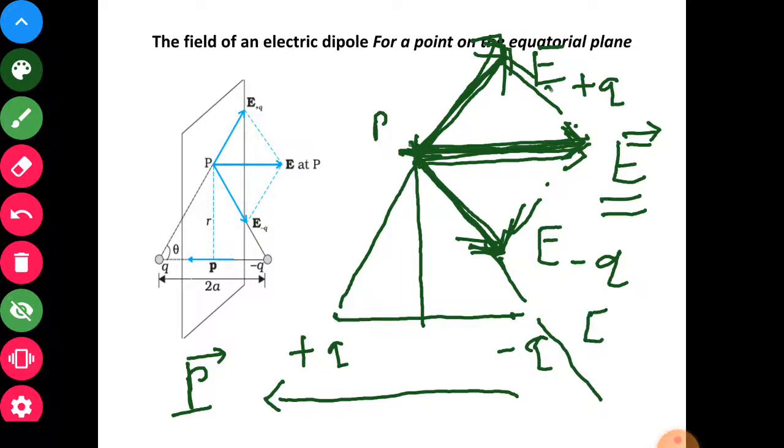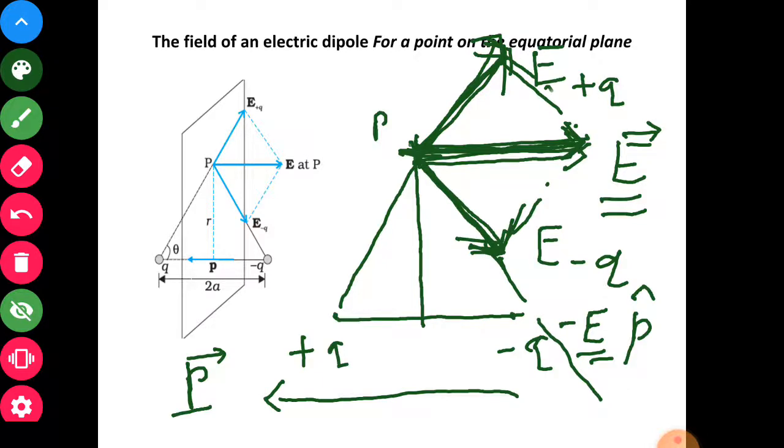Electric field E is in the opposite direction of the dipole moment, so we multiply by the unit vector of the dipole moment, P cap, but since it is in the opposite direction, we write minus E P cap. So the resultant electric field produced is in the opposite direction of the dipole moment.